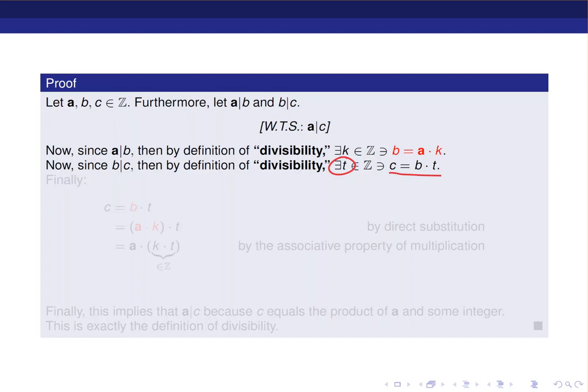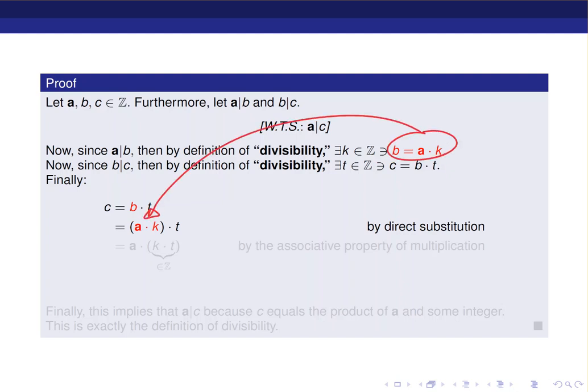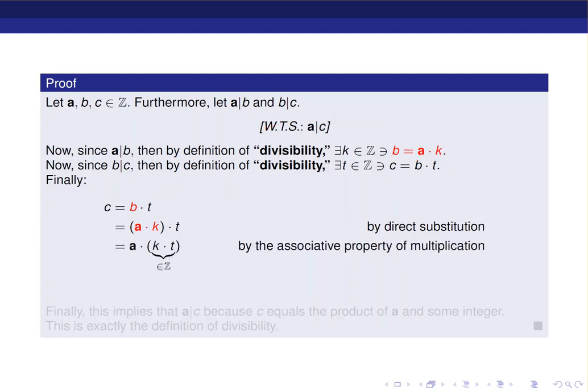So finally, if I write c and try to manipulate it, c will be equal to b times t because of the last assumption that we made on that line. But b itself is a times k, so we can do some direct substitution and replace ak in place of the b. But this means now that a times k times t is equal to c.